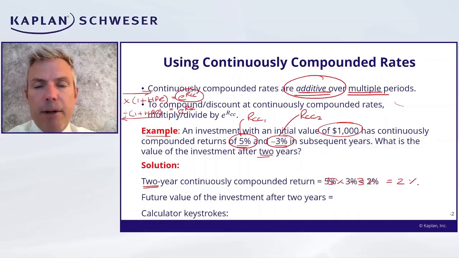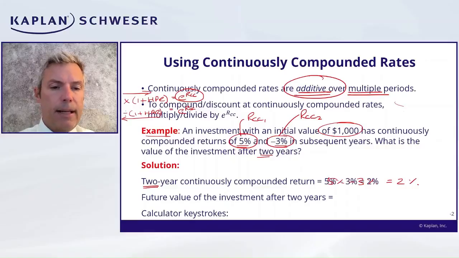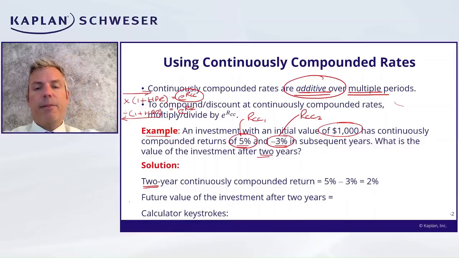You might, by the way, be sitting there thinking, yeah, it's nice and neat that you can add them up, but in order to get to this here, you had to do some exponential and logarithm stuff, which we don't like. So doesn't that cancel out this idea that it's simpler to use continuously compounded returns? And the response to that is, well, actually, it's the statistical properties of adding up that are really useful.